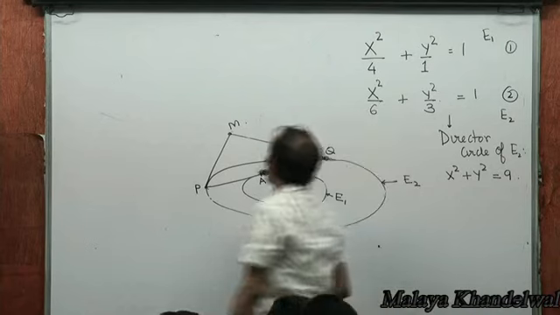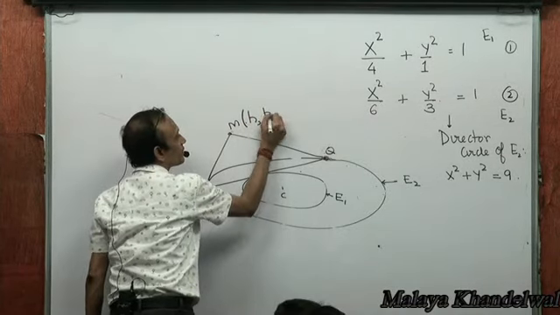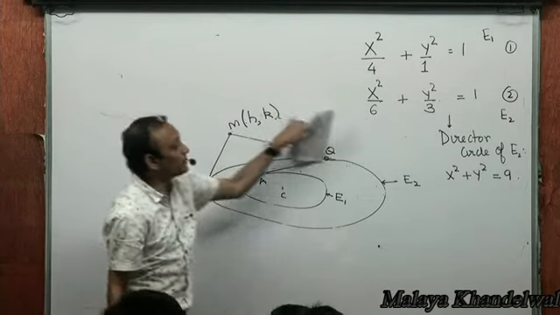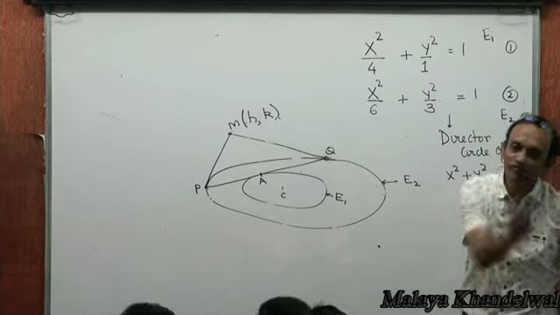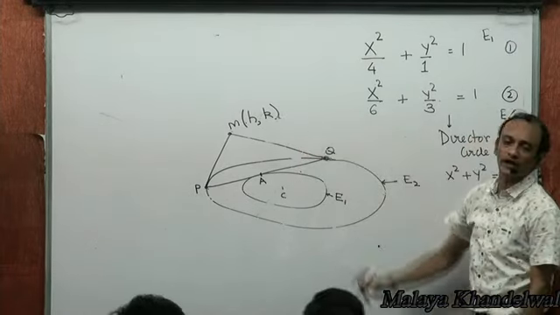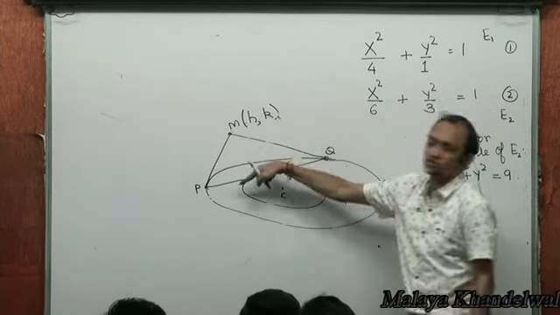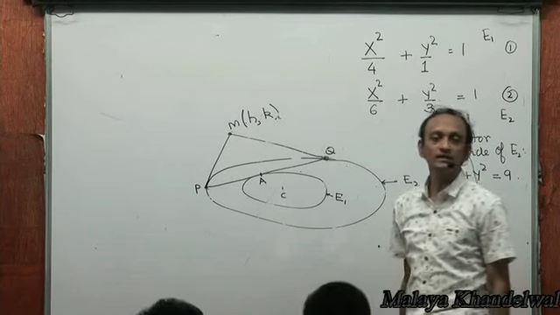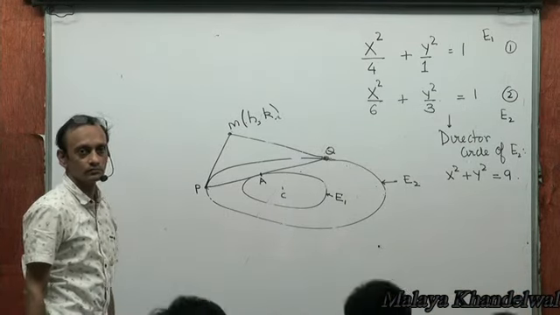That means if the coordinates of M are h and k, and if h square plus k square is 9, then M will lie on the director circle. And if M lies on the director circle, the two tangents will be at right angles. So all that we need to show is h square plus k square is 9. Yes or no? Clear?